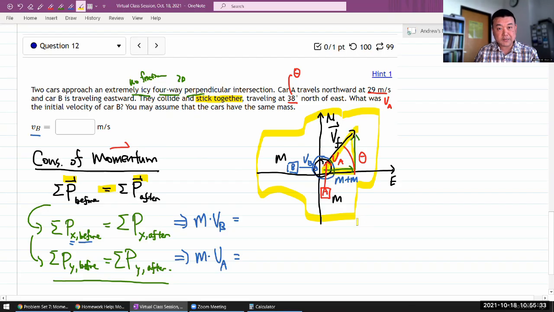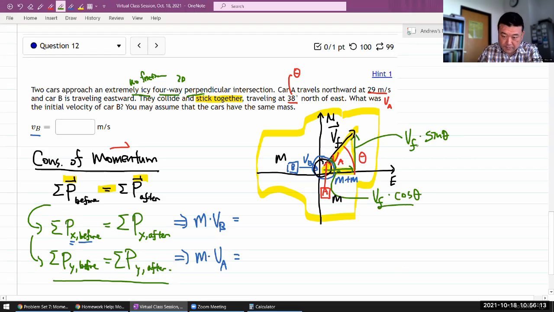I need to break up this momentum into components, very similar to how, in step number 3 of the Newton's law strategy, we break up forces into components. So we need to do that. I'm given this angle theta. So this side here is going to be the magnitude of the final velocity times sine theta. It's the opposite side. And this component is going to be the magnitude of the final velocity times cosine theta. It's the adjacent side.